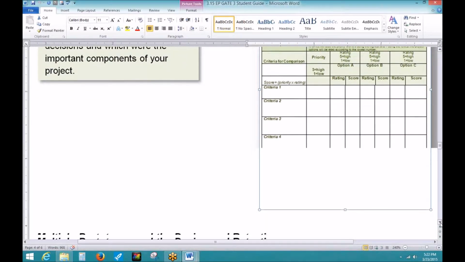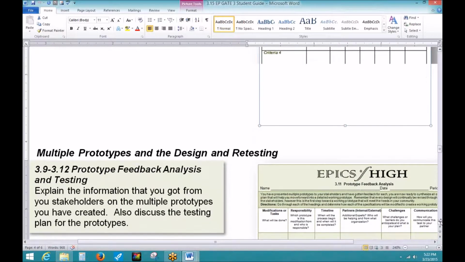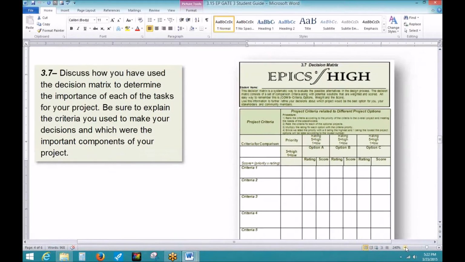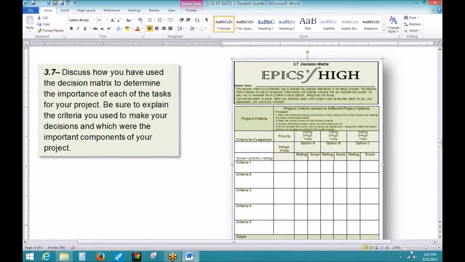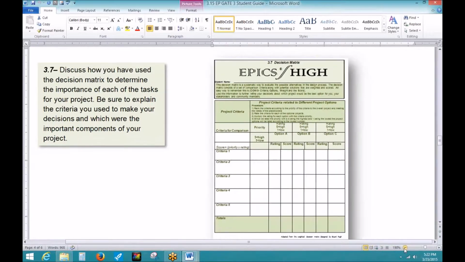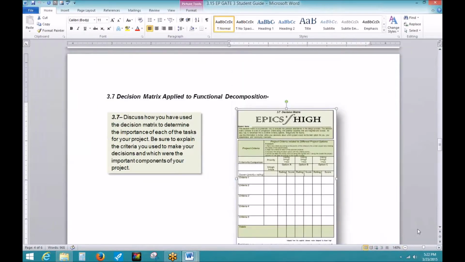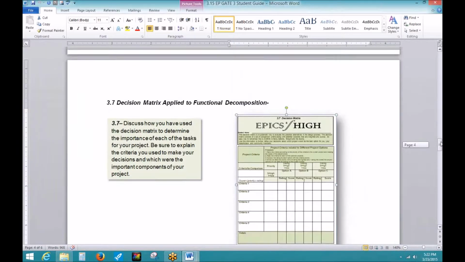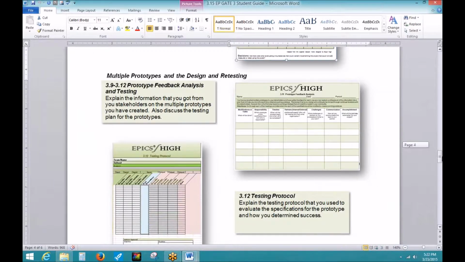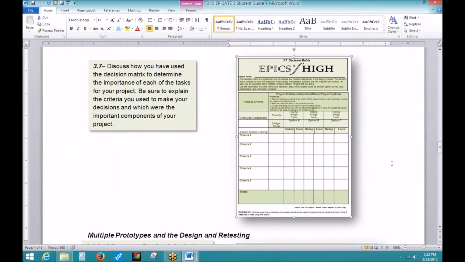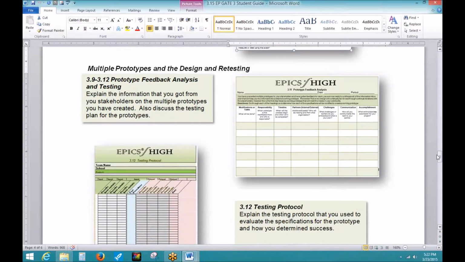The other part of this is creating multiple prototypes. So again, trying to determine what the students want to do, and then starting to analyze and compare the multiple prototypes. So that's another part of this, is getting into all the testing. But again, here's another thing to remember.